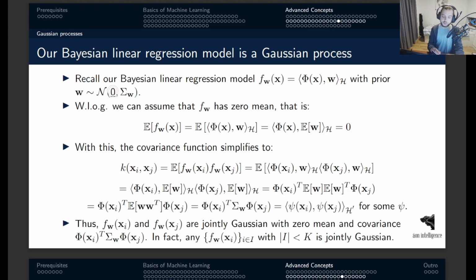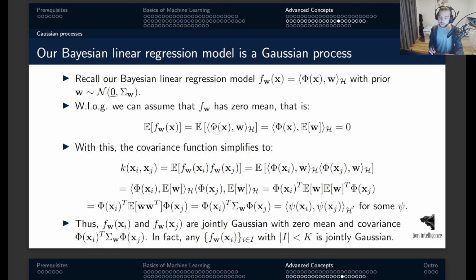And this will be a multivariate Gaussian density with expectation 0 and a covariance matrix associated with this parameter vector w. And now, without loss of generality, we assume that our prediction is zero-centered. This means that the expectation of our prediction, which is the expectation of this inner product, is 0. And we can push the expectation into this inner product, into both arguments, because the inner product is linear.